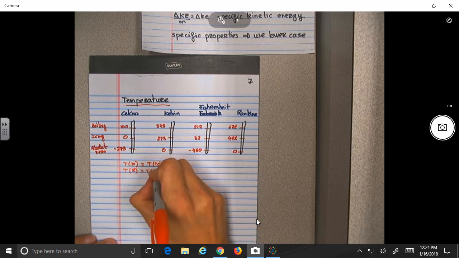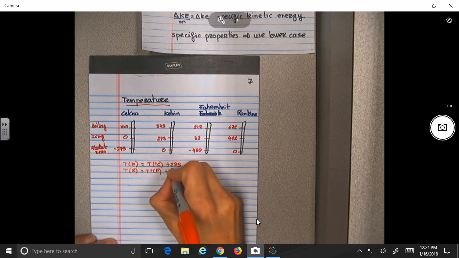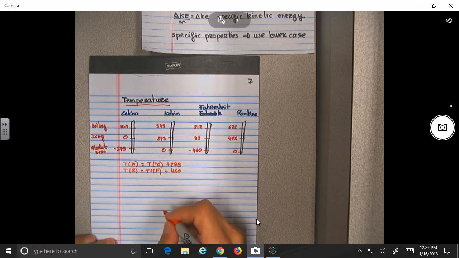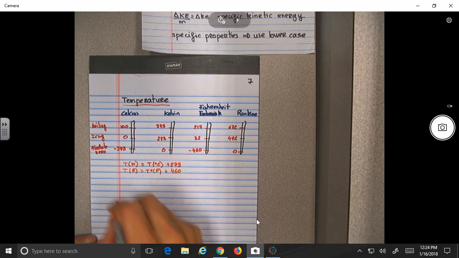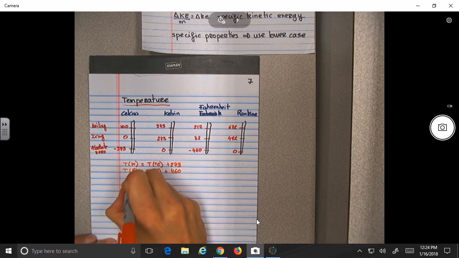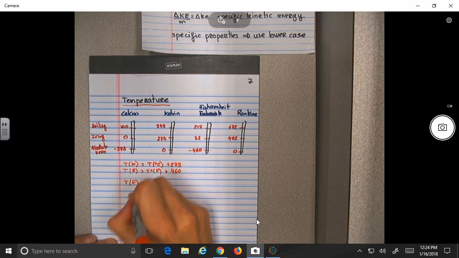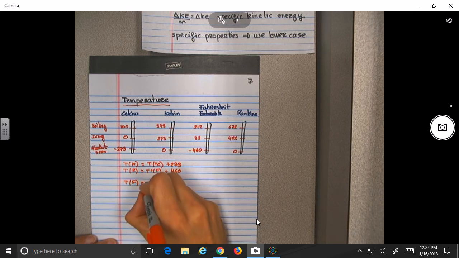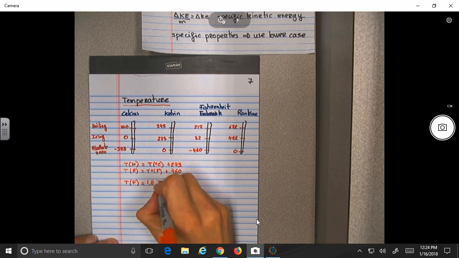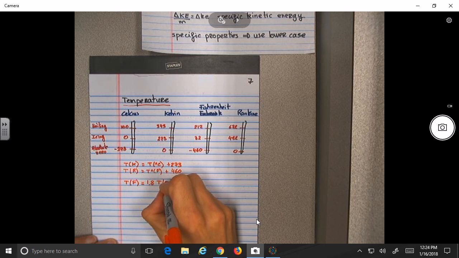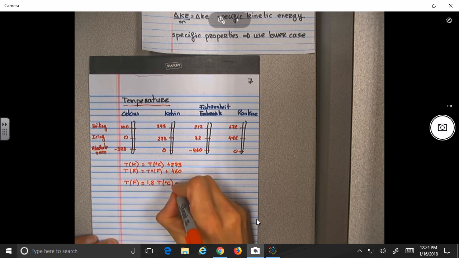Temperature in Fahrenheit plus 460. And now comes the difficult one. What is the relation of Fahrenheit with Celsius? 1.8 times the temperature in Celsius plus 32.